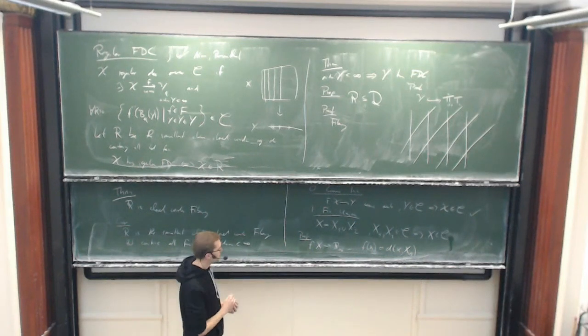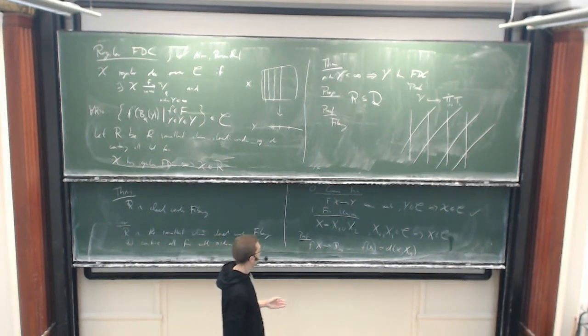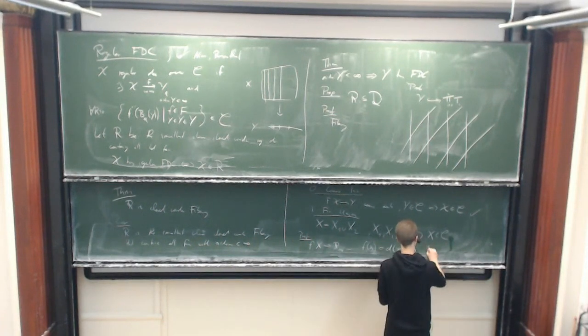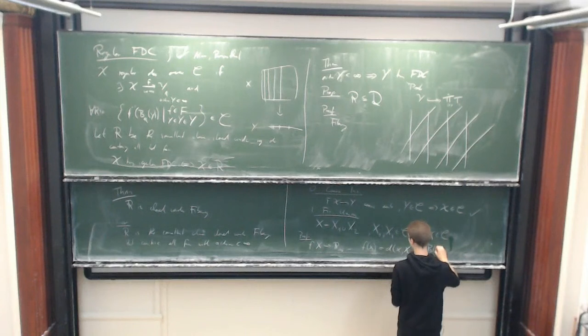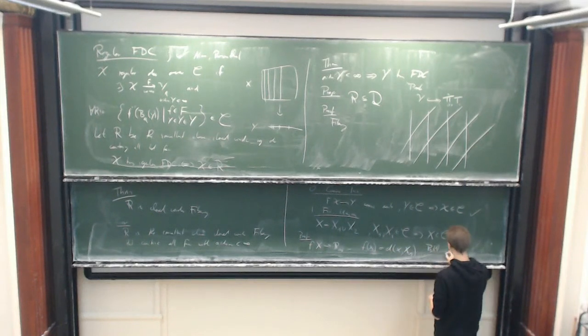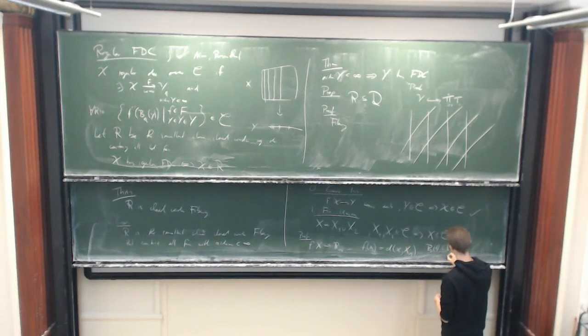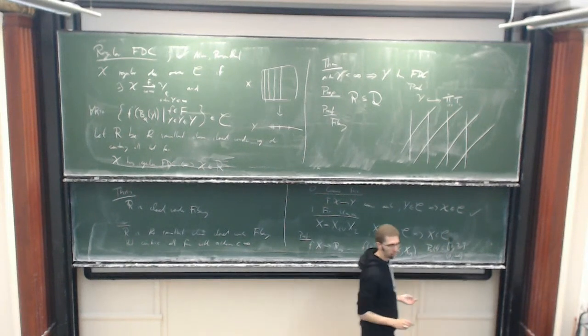This is a coarse map, and if you look at the fibers, then B_R of some point t in R is contained either in the interval 0 to, say, 3R, or from 0 to infinity.